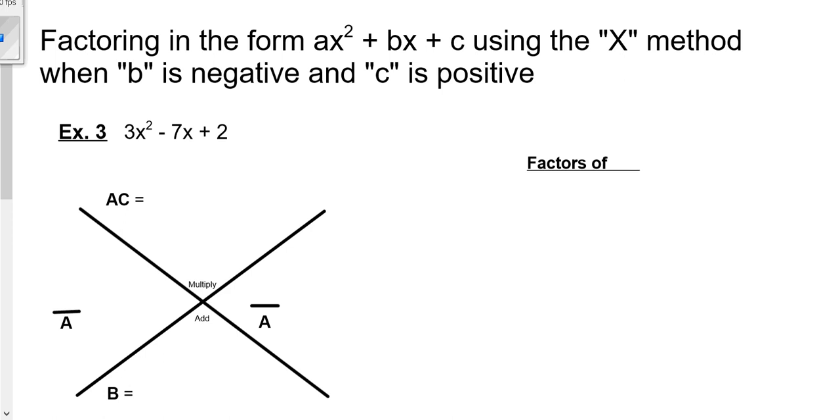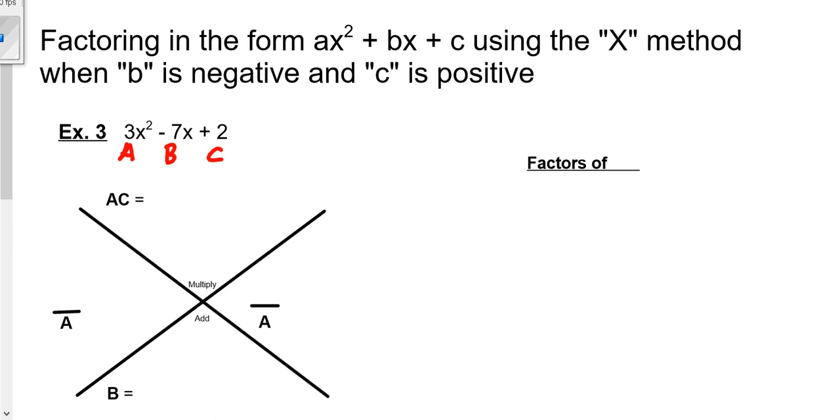First thing we're going to do here is identify our a's, b's, and c's in example 3, which is 3x squared minus 7x plus 2. So our a is 3, our b is negative 7, and our c is positive 2.